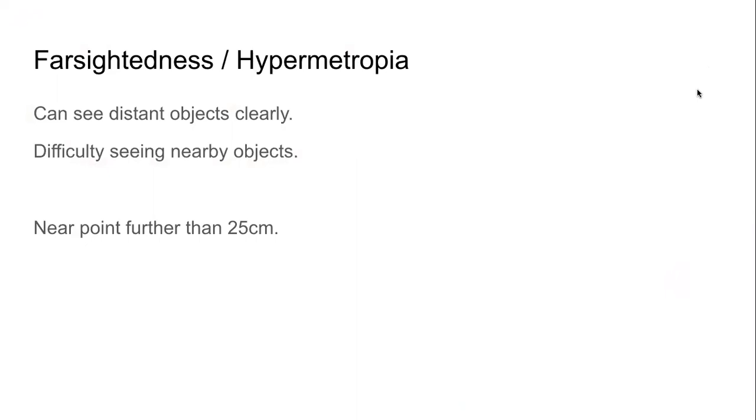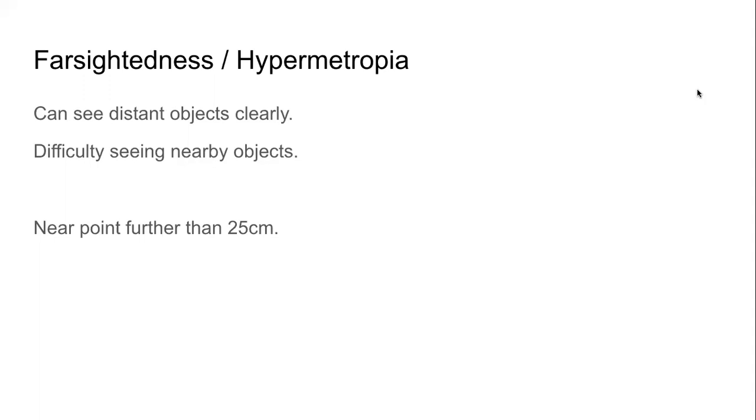So here we can see objects which are far, which are distant, but we will not be able to see, or we will have difficulty in seeing objects that are nearby. पास की चीजों को देखने में दिक्कत. So now the problem is not with the far point, but with the near point.